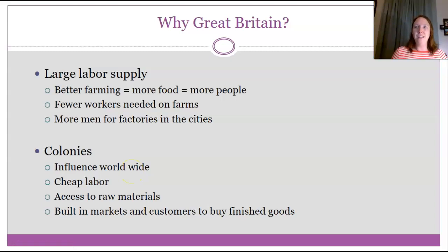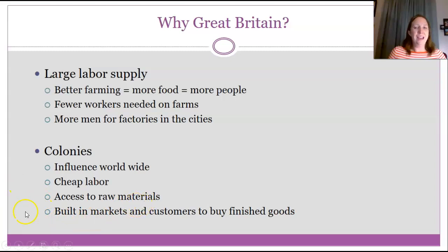So if something was invented or thought about in Great Britain, they could then bring that technology, that idea, that strategy to these other places around the world. Because of the colonies, they had access to cheap labor because they either paid the natives very, very little in all of these colonies, or they of course used slaves, especially in the cases of North and South America.